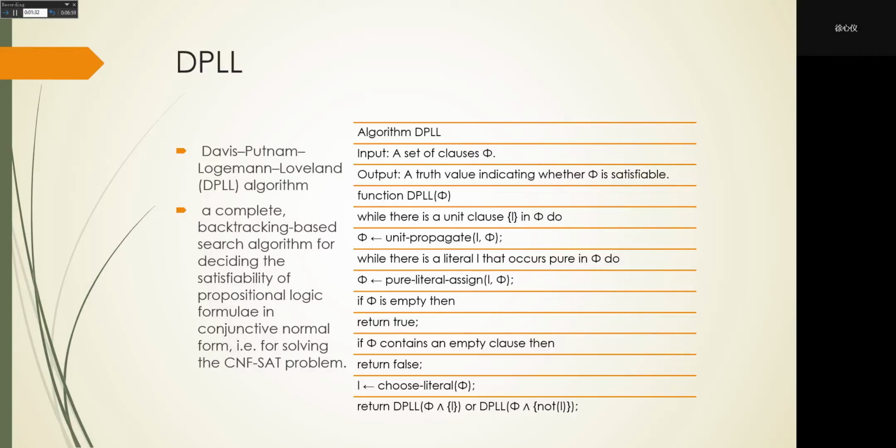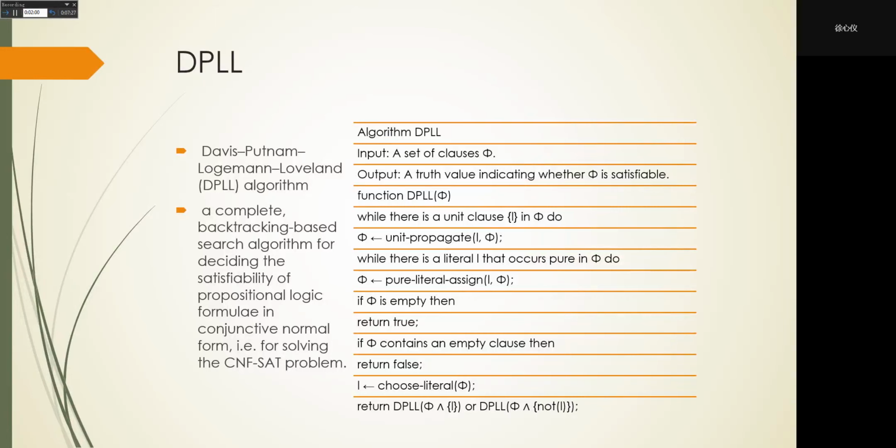You never see A with a prefix not. Then you know A needs to be true, so you replace A with true. Sometimes you also see not B, not B, not B. You know that B will always be false.